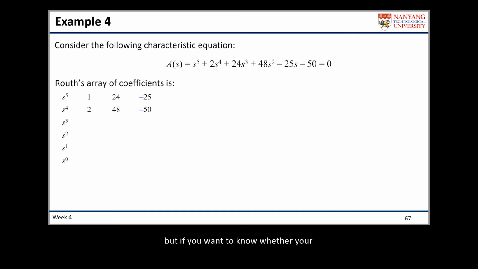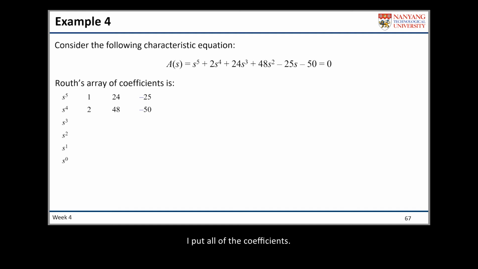But if you want to know whether your system is marginally stable or unstable, you still have to go through this Routh array. So I will construct the Routh array. I start again from the highest power, s5, s4, s3, s2, s1, s0.